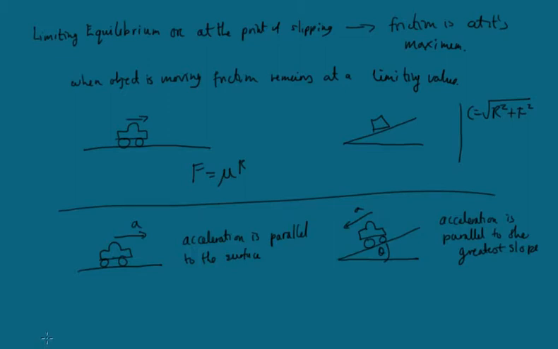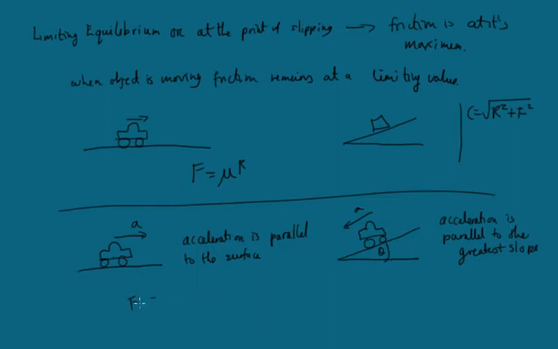If we resolve parallel to the surface to find the acceleration, we will not find a solution because the size of the friction is not known. So in this situation, we don't know the size of friction.